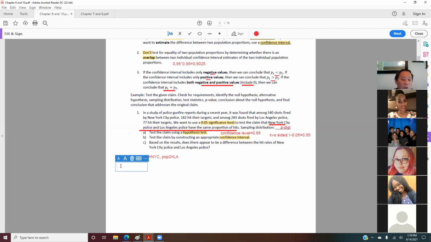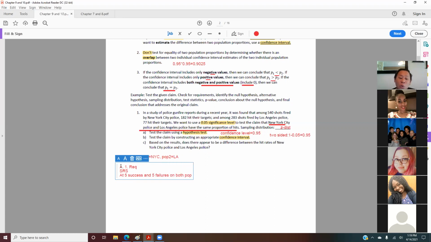So we're going to do part A here, which is hypothesis testing, 7 steps. The first step, don't forget, you have to do your requirement check. Is this a simple random sample, and do you have at least 5 successes and 5 failures in both populations?